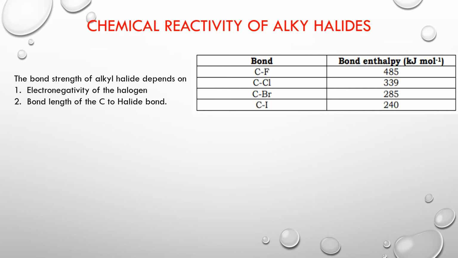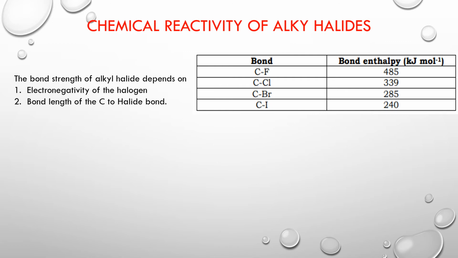If you look at carbon fluoride, it has a very high bond enthalpy, which means in order for the carbon and fluoride bond to be broken, a lot of energy is required. But if I look at the carbon iodide bond, the bond enthalpy is 240 kilojoules per mole. So that is a low energy. That means the carbon iodide bond is very weak, which requires less energy to be broken.